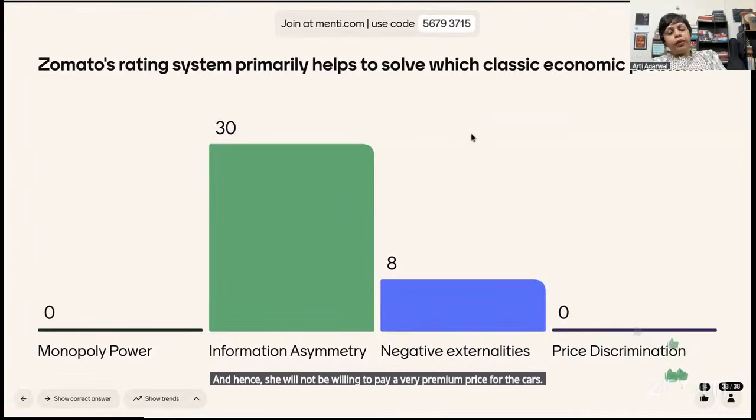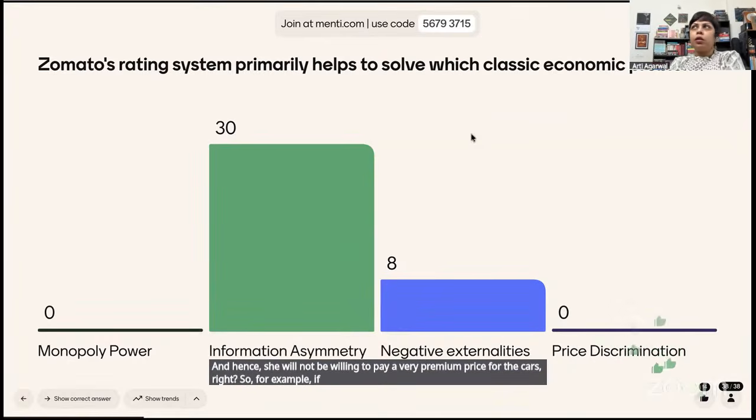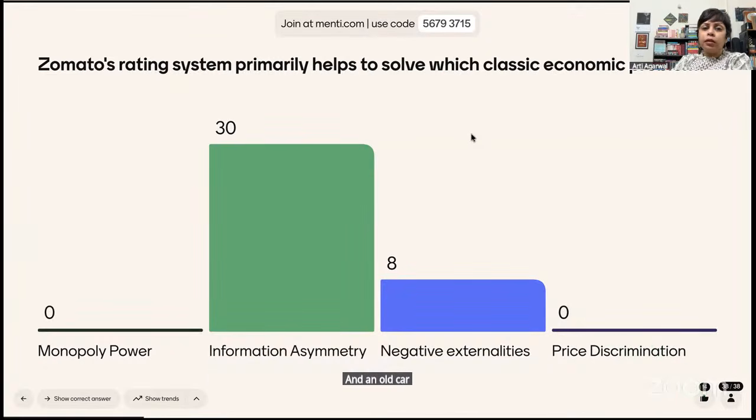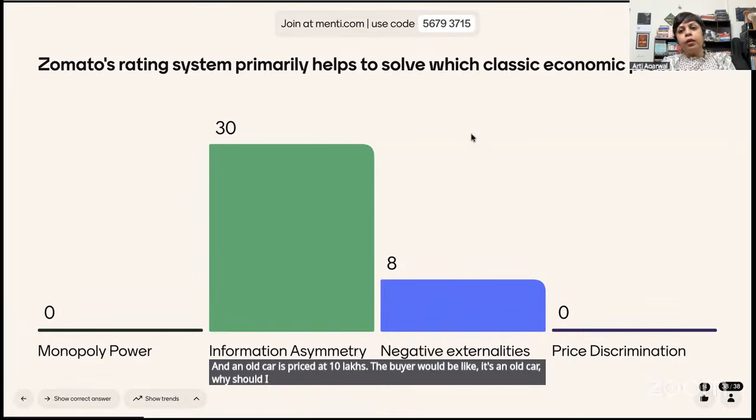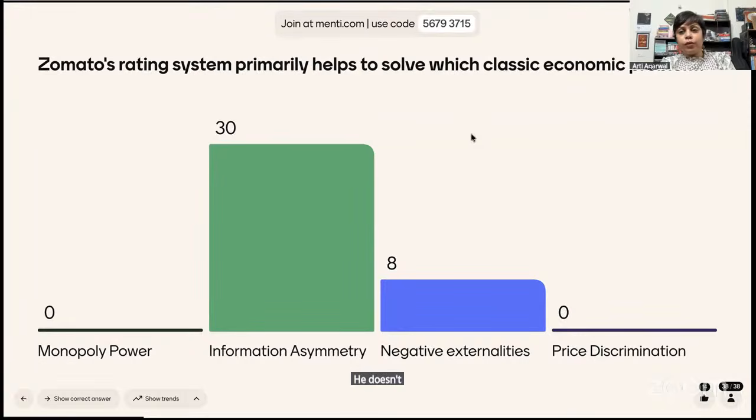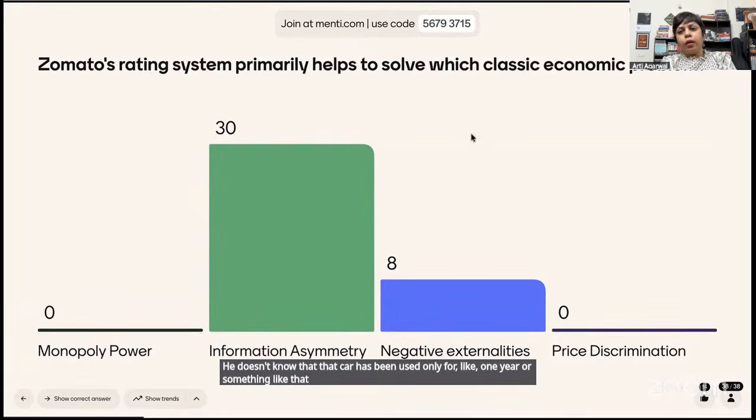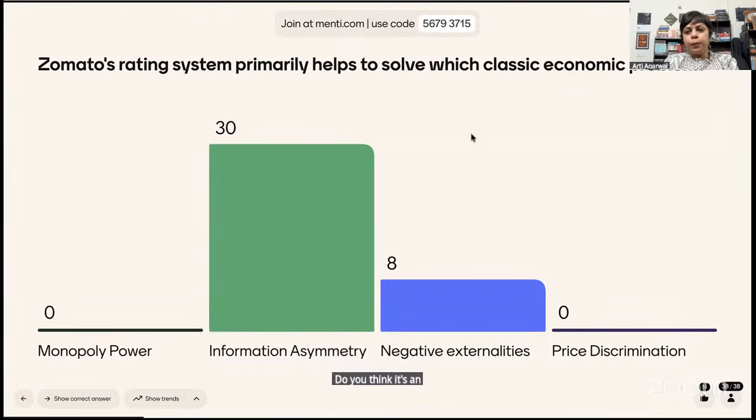For example, if a new car costs 12 lakhs and an old car is priced at 10 lakhs, the buyer would be like, it's an old car, why should I pay 10 lakhs? He doesn't know that that car has been used only for 1 year or maybe less. He'll think it's an old car. So he's not going to want to pay a premium price, right?